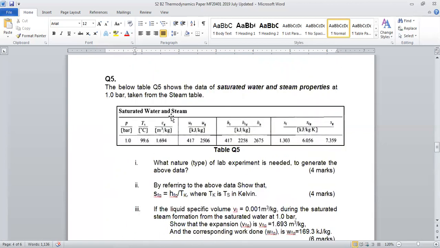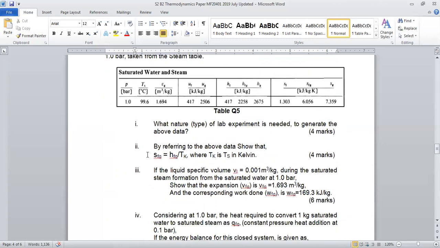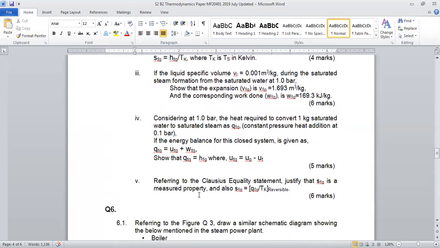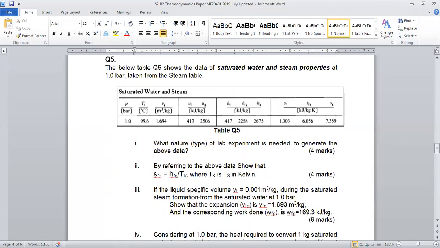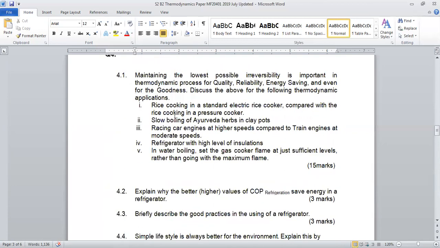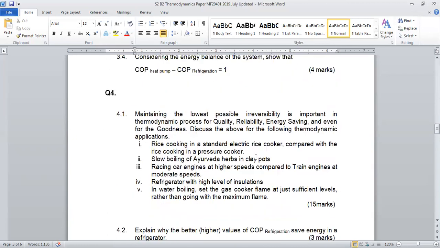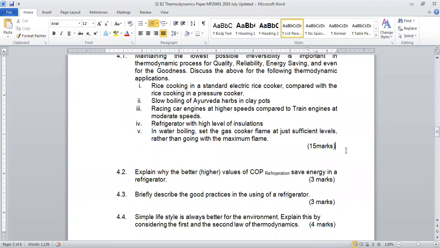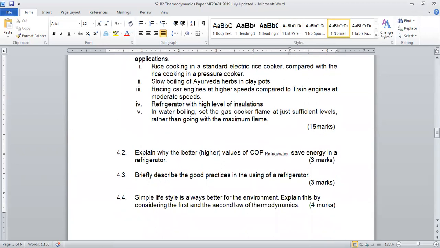See, the learning of entropy from property tables. Very basics, but considered very important. See, rice cooking, racing car engines, refrigeration with better insulations, about water boiling. Simple questions. Because they may have some practical aspects, so we will put this kind of things as well.